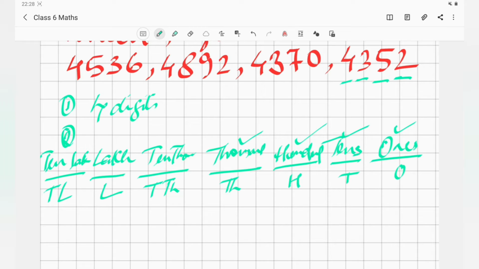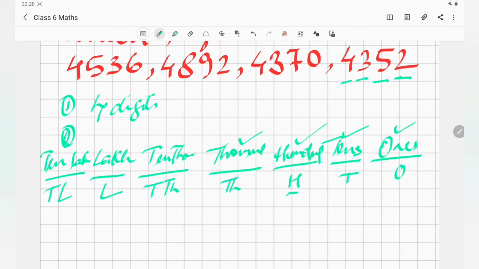Now let us go to the next, because we are not able to make a decision out of the information which is available. So we'll start looking at hundreds, and when we do that, we see that the first number towards right has 3 hundreds. The second number also has 3 hundreds. The third number from right or second from left has 8 hundreds, and the fourth number or the first number from left has 5 hundreds.